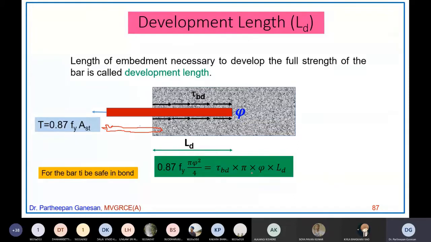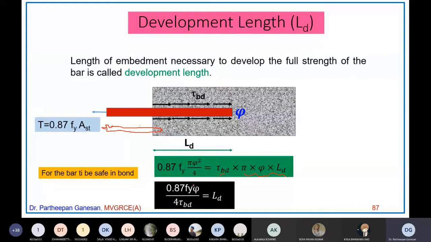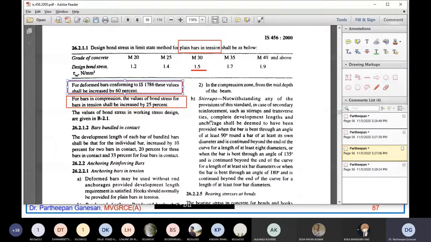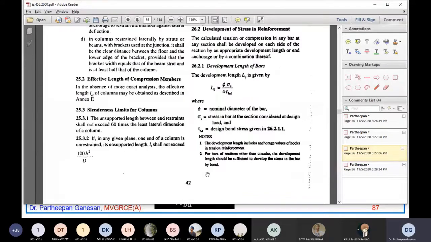This is the surface area and this is a stress. For the bar to be safe in bond, this force should be equal to the bond force. Now, you can find the LD value: LD is equal to 0.87 Fy into phi divided by 4 times tau BD, and this is given on page number 42 in a different form. I will show you here.